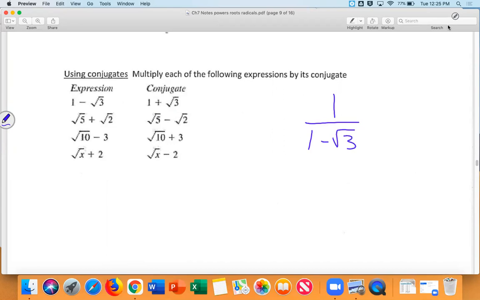We don't like complex fractions. We kind of like simplified things. So here, even though this is a numeric value and I can type it in the calculator, we don't like it. So the problem becomes, how do I get rid of square roots in the denominator when it's 1 minus root 3?